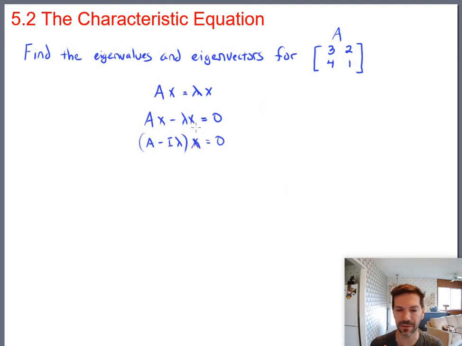So in general, finding eigenvalues and eigenvectors means solving this homogeneous system, not only for the x, but we also need the lambda. But keep in mind that this part right here, once we crunch it down, is just a single matrix. So we are really trying to solve a matrix times x equals 0, a homogeneous system.